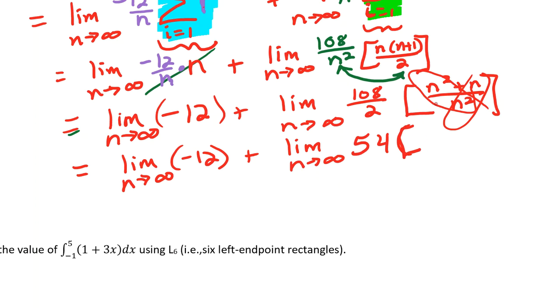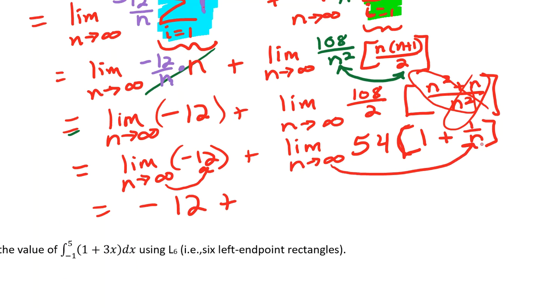So in this square bracket now, when I divide n squared by n squared, and n divided by n squared will be a 1 over n. And remember, now we're ready to do our limits as n goes to infinity, but there is no n term here, so the limit operator does nothing, it stays as negative 12. And what happens here when n goes to infinity?